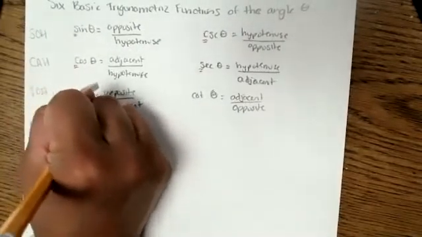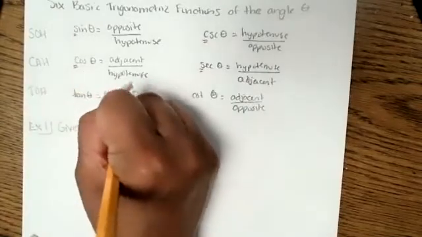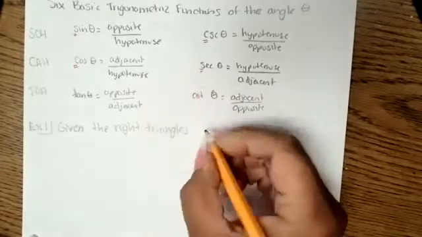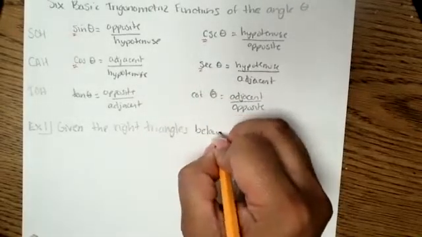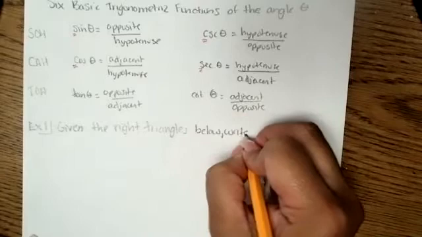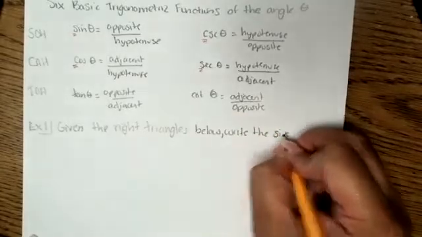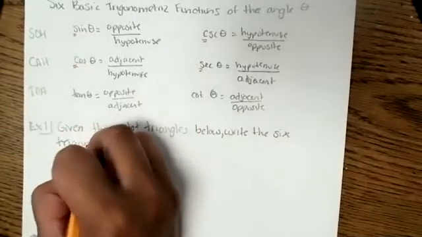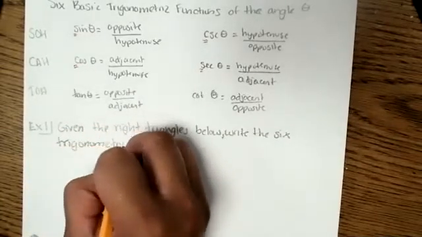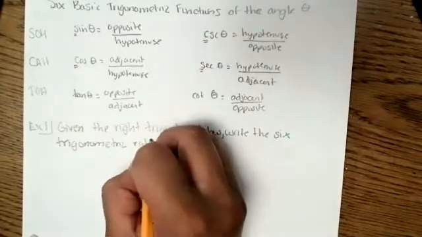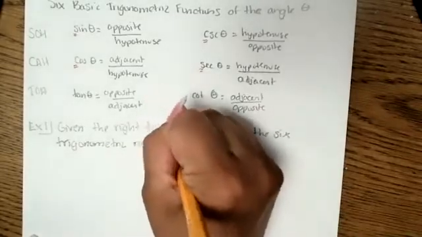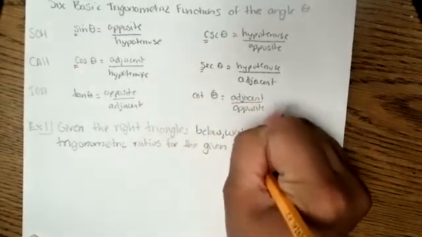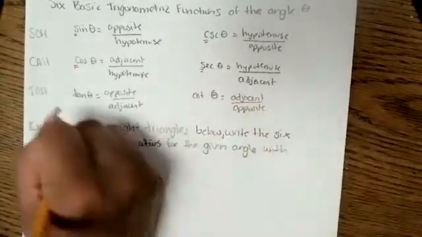We'll start off with an example. Given the right triangles below, I want you to write the 6 trigonometric ratios for the given angle with measure theta.